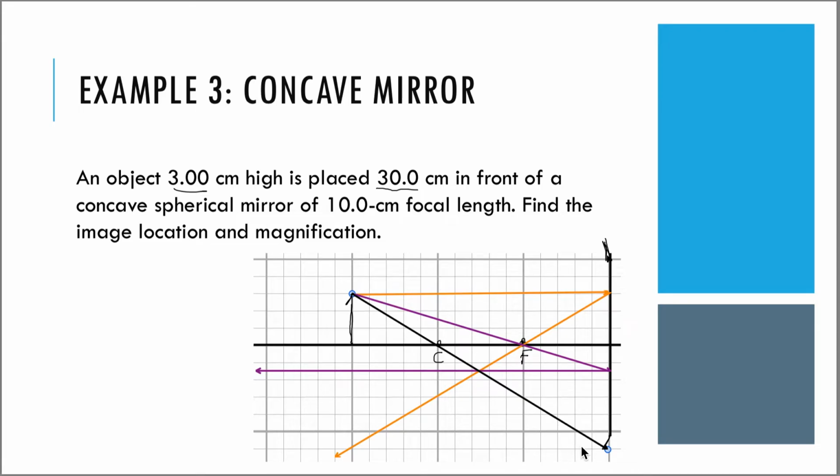And then as soon as it hits the mirror, it's going to reflect back through that center of curvature. So basically you're just extending that line that you were drawing.